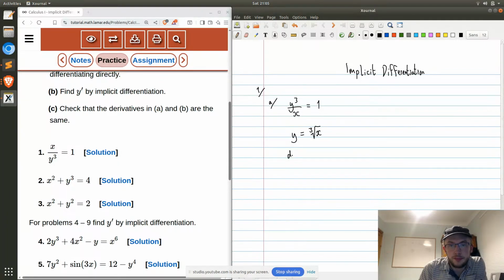So dy by dx, well, that would be x to the 1/3, so that would be a third of x to the minus 2/3, which would look like 1 over 3 times the cube root of x squared, just like that.